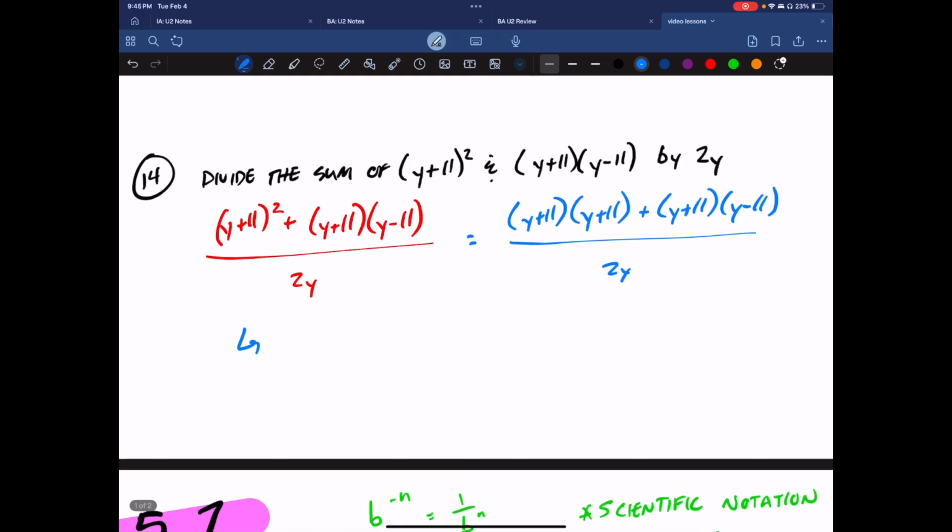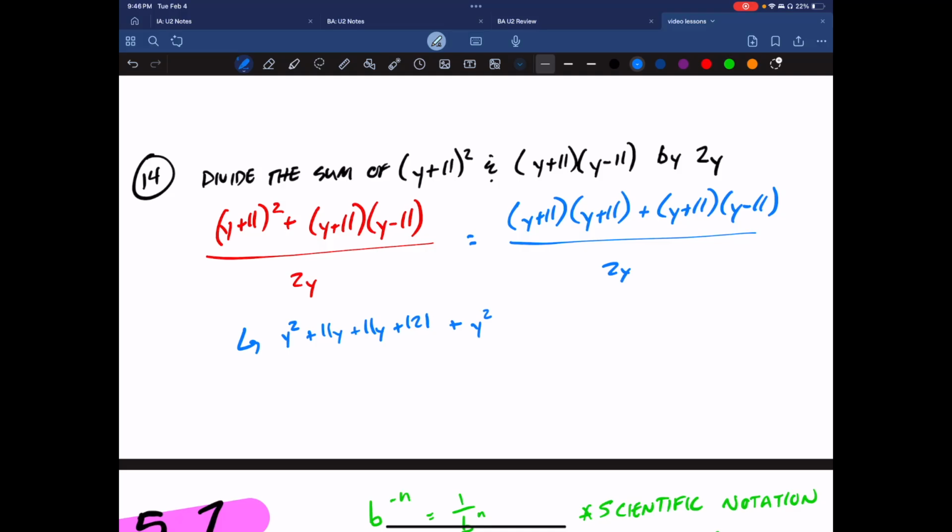Okay, now let's do this a little bit at a time. So we have y squared plus 11y plus 11y plus 121. That's the first part here, that's the first product.